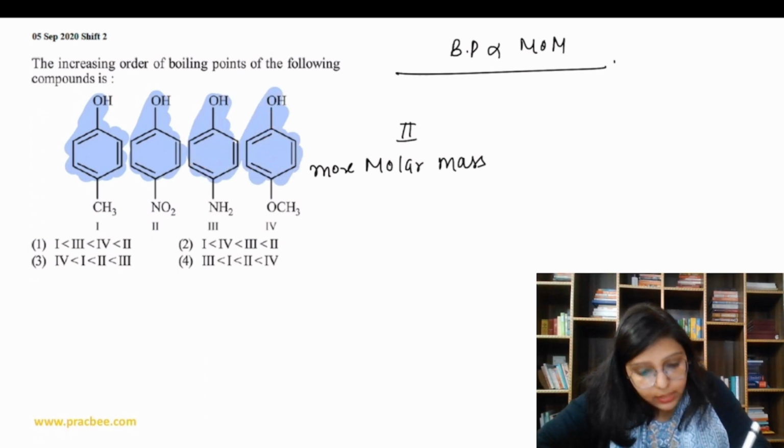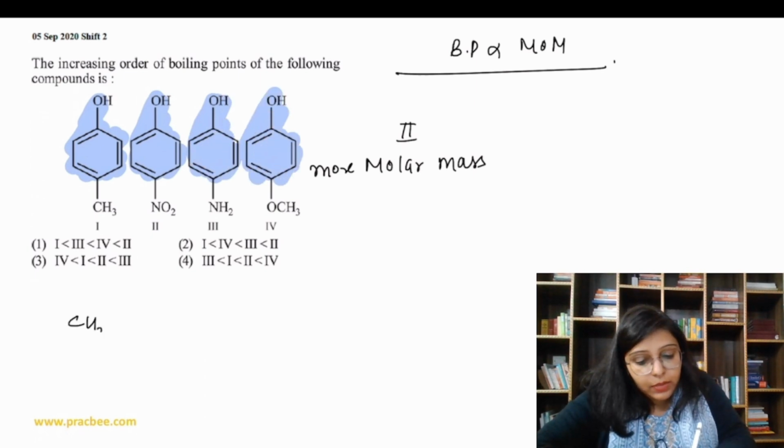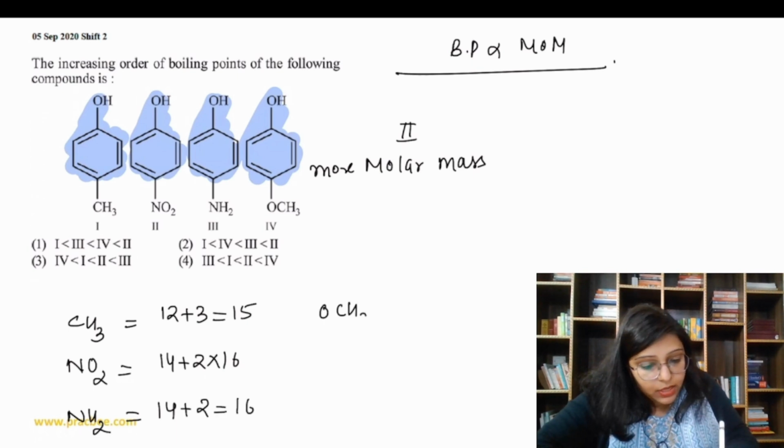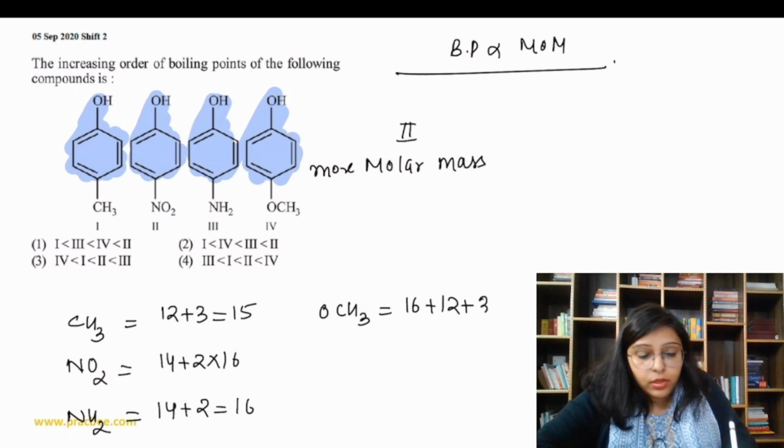This part is the same in all. So the CH3 mass is going to be 12 plus 3, 15. The NO2 mass is going to be 14 plus 2 into 16. The NH2 mass is going to be 14 plus 2, which is 16. And the OCH3 mass is going to be 16 plus 12 plus 3.